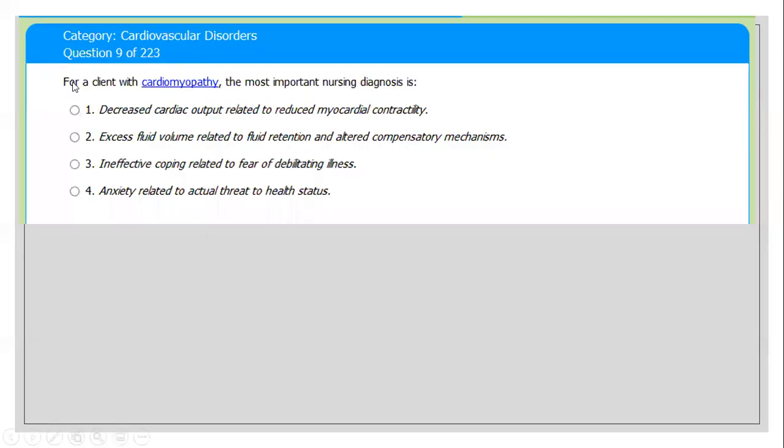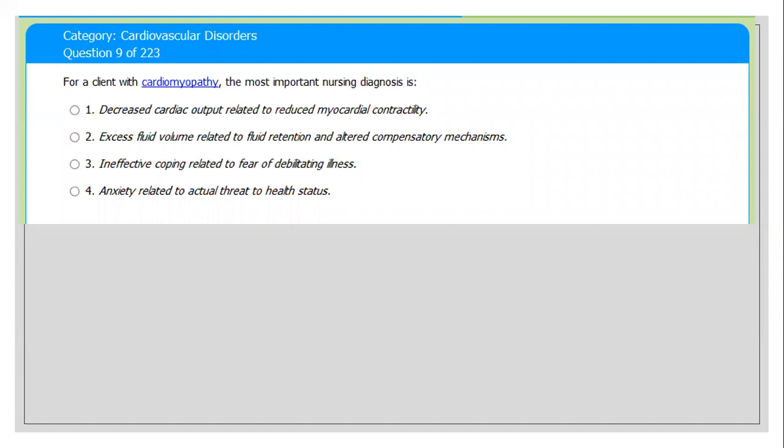Next question. For a client with cardiomyopathy, the most important nursing diagnosis. Again, the same question we talked about before. Cardiomyopathy, right? It is a heart muscle disease.